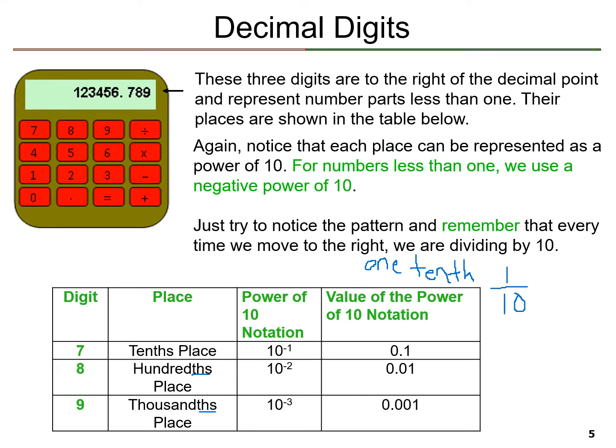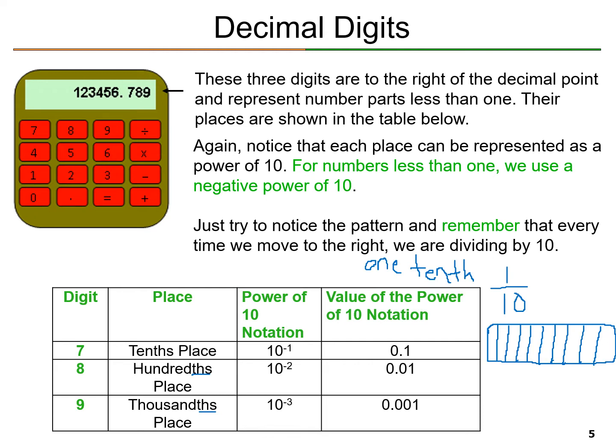So what I'm going to do is draw a rectangle and try to divide the rectangle up into 10 parts. 1, 2, 3, 4, 5, 6, 7, 8, 9, 10.